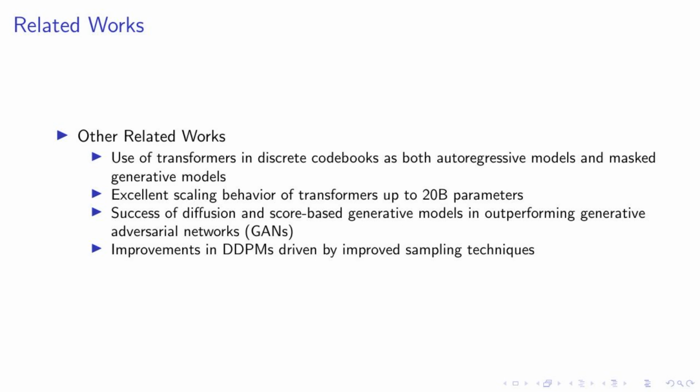The advancements in denoising diffusion probabilistic models or DDPMs have been largely driven by improved sampling techniques. These findings set the stage for our research, where we delve deeper into the architectural choices in diffusion models and their impact on performance. Stay tuned as we unravel our findings in the upcoming slides.